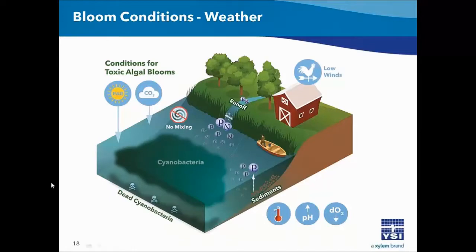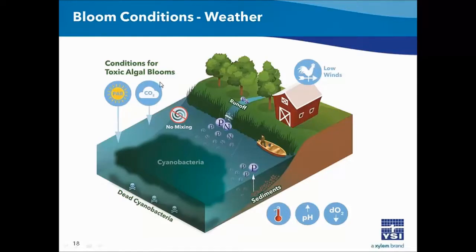So looking first at weather, I think most of us have some sense that these are photosynthetic organisms, which means they require sunlight or photosynthetically active radiation, as we sometimes call it, and carbon dioxide, CO2, to grow. The gas dissolves into the water as bicarbonate, which will have an interesting impact on water quality that we'll talk about in a few minutes.